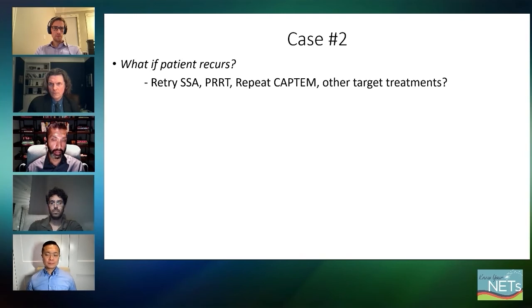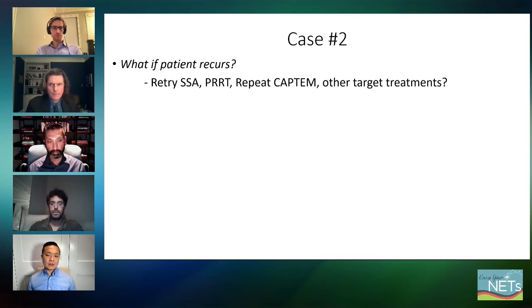And if that doesn't provide enough control, or if there's extensive disease outside of the liver, then yes, we would probably move to PRRT. I don't think there's probably a role for retrying SSAs because he progressed on that previously, but I don't think it would be wrong either, at least for a short time with imaging to see how stable you can make it. Andy, do you have any comments about this?